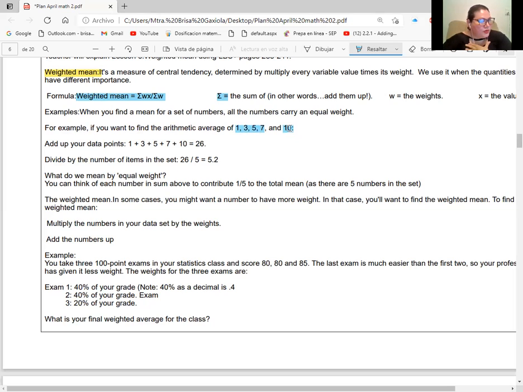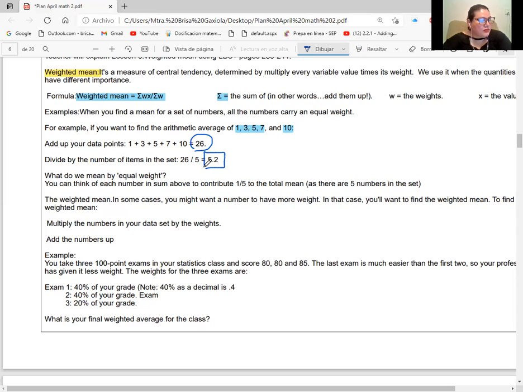In order to get the average, we need to add the 5 elements. 1 plus 3 plus 5 plus 7 plus 10 is equal to 26. Then we divide the number by the number of elements. We know that in this set is 1, 2, 3, 4, 5.